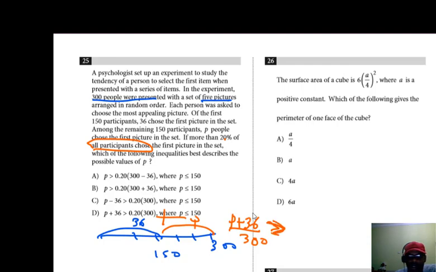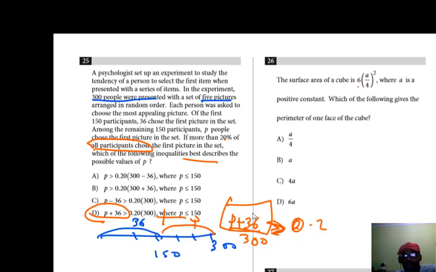You can say more than 20%. 20% means 0.2. So which of the following describes, well, what I need is I want to see P plus 36. Okay, so first, this is good. This is the only choice that contains P plus 36. That would be the answer.